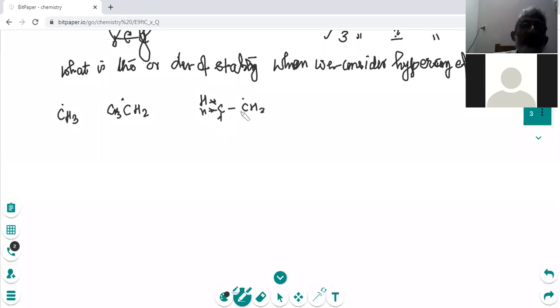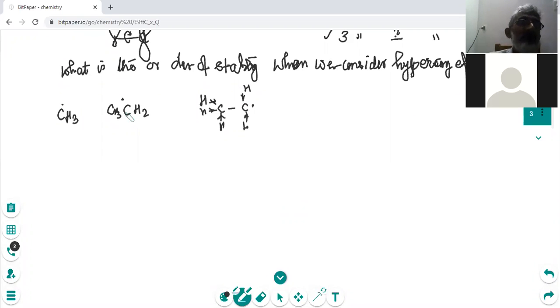H. And these two hydrogen also will increase electron density on this carbon.